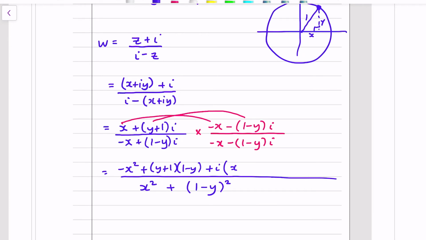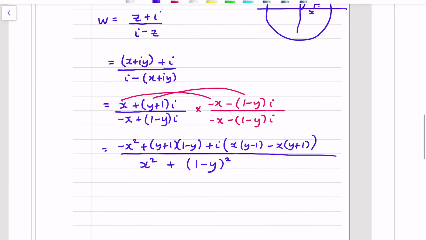Well, minus 1 minus y is the same as y minus 1, so x times (y minus 1), and then the last one, (y plus 1)i times minus x, minus x times (y plus 1), and that all times i, so the i's out the front there.